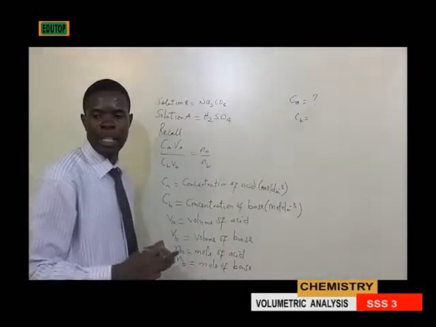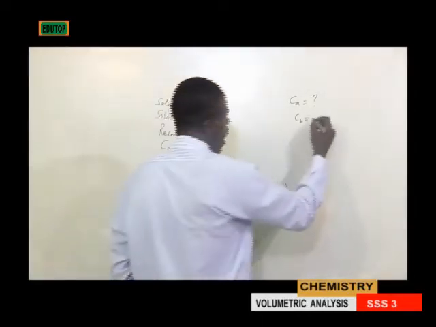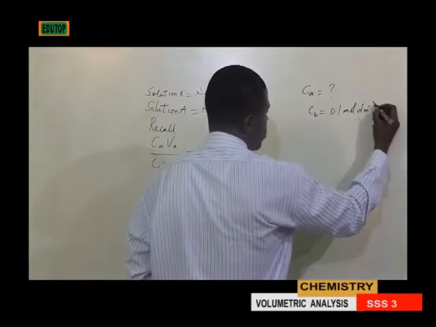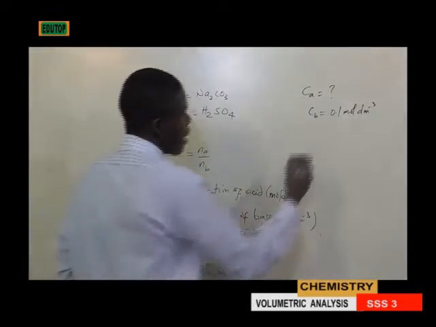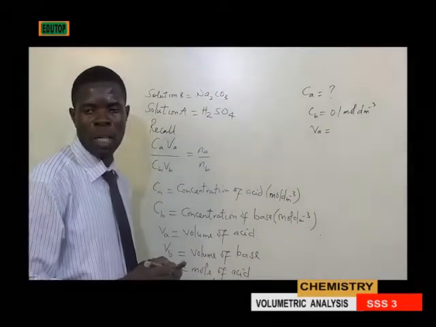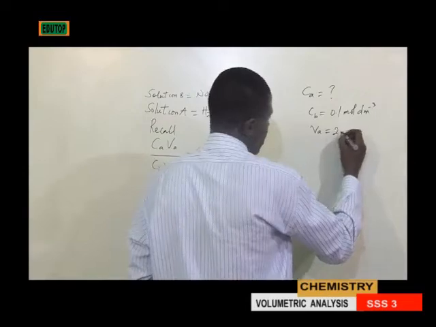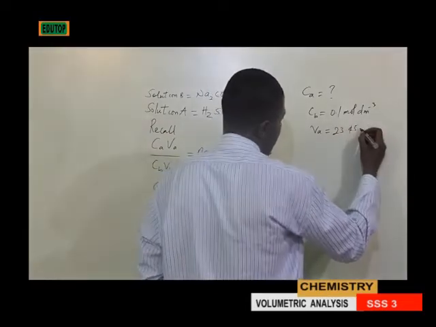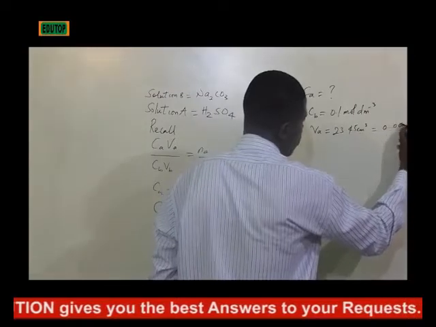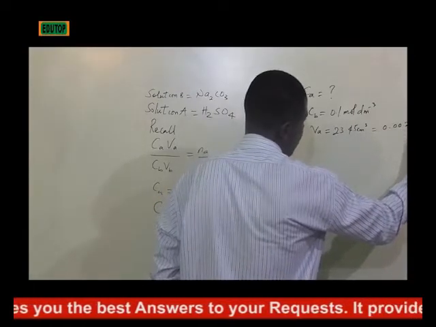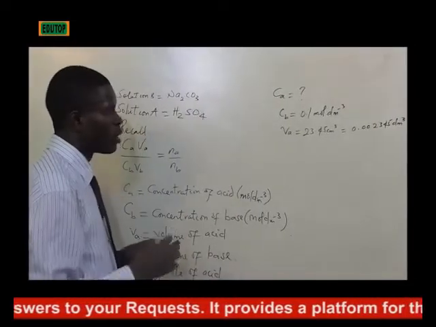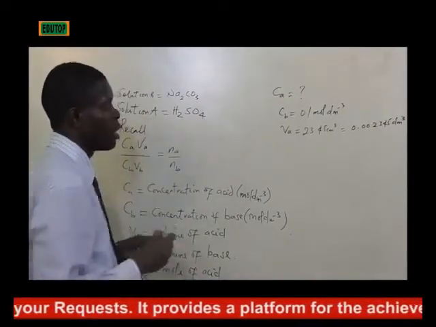Cb is given in the question as 0.1 mole per dm³, while Va is given as 23.45 cm³, which is 0.002345 dm³ by dividing by 1000.